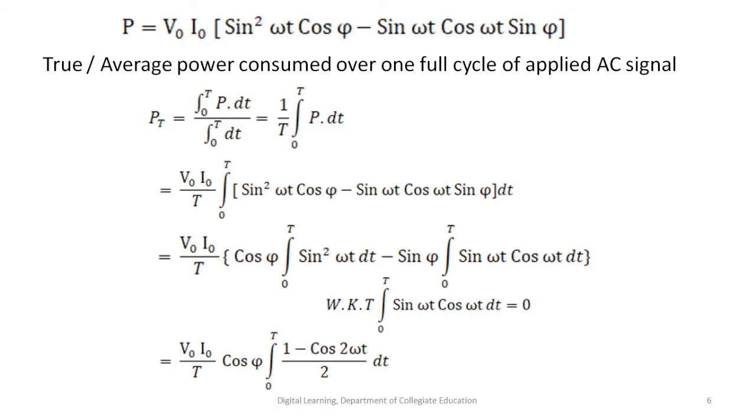Then the above expression becomes P T equal to V naught I naught divided by T cos phi, integration from 0 to T of sin square omega t dt. We don't have a separate formula for the integration of sin square omega t dt, therefore we have to split the terms. So sin square omega t is 1 minus cos 2 omega t divided by 2.